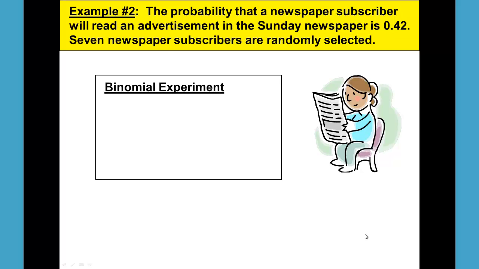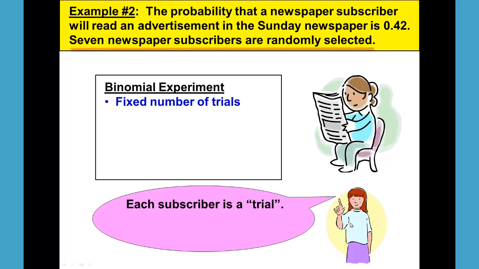First of all, we always want to make sure that we're doing a binomial before we use the binomial formula. So it must meet the 4 characteristics. First of all, is there a fixed number of trials? Each subscriber would be a trial.